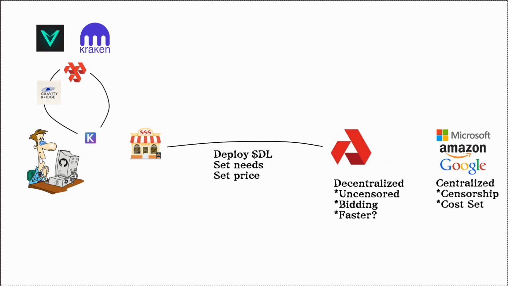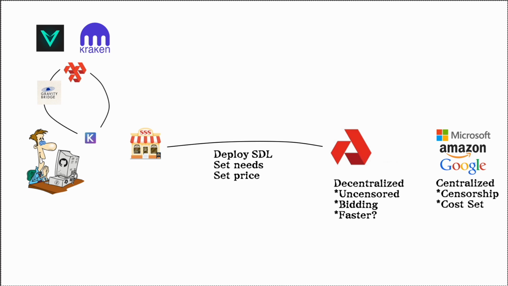But basically, they use this SDL language, a standard language that most devs are using, and they package up their front end and their needs, and they send it to this network. They set the needs, like I will need this much computing power to do this, and this, right? And then they decide a price. How much are they willing to pay for these needs to be met?